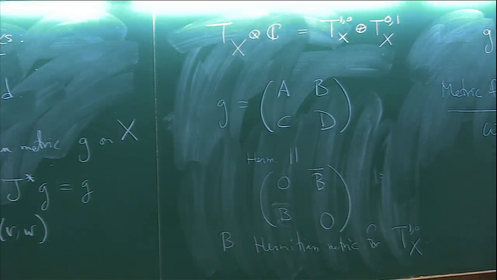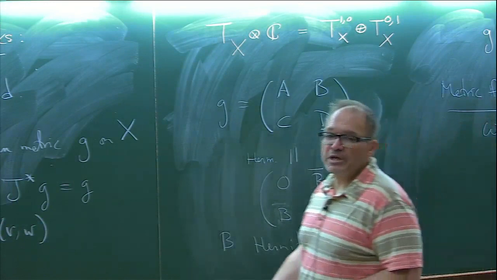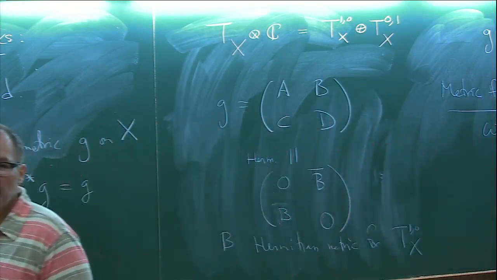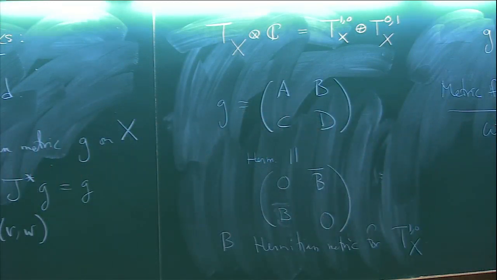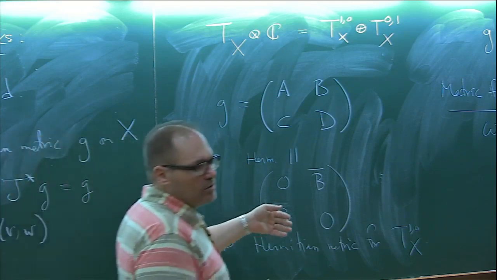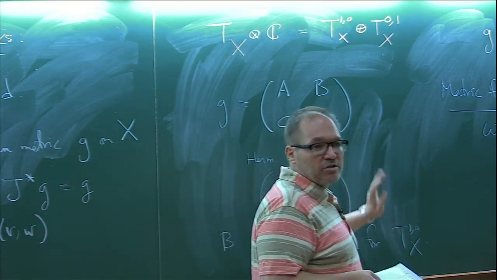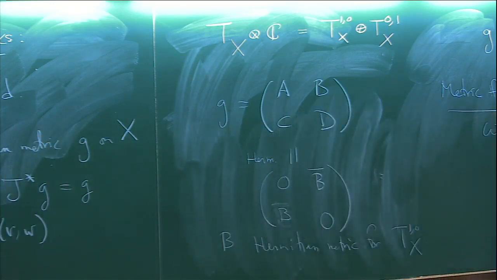So far we've got some of the ingredients that we need to define L2 spaces, namely we can measure the norms of our sections. But then we have to integrate them, and there are a couple of ways to do that, but for now I'm just going to focus on one of them. So to integrate them, I also need a measure. Well, if I'm on a Hermitian manifold, I have a Riemannian metric, so I can certainly take the Riemannian volume form.